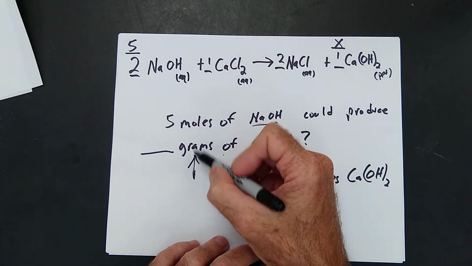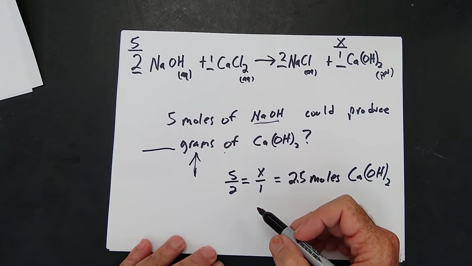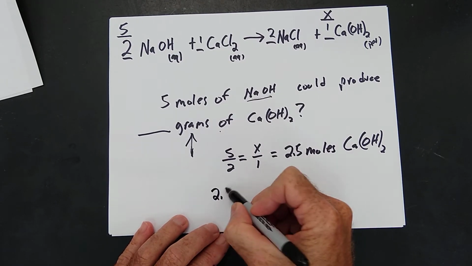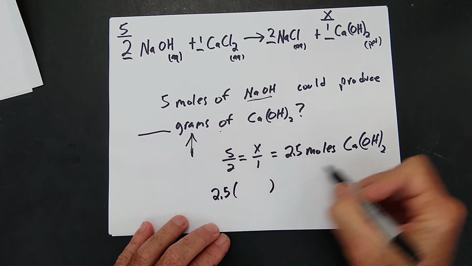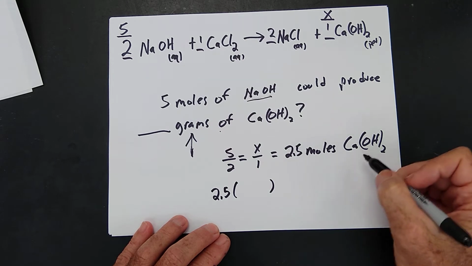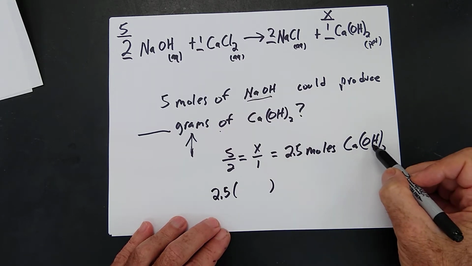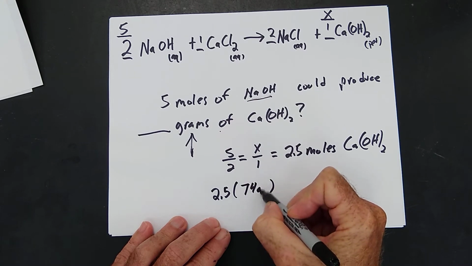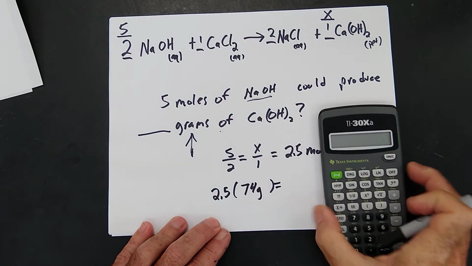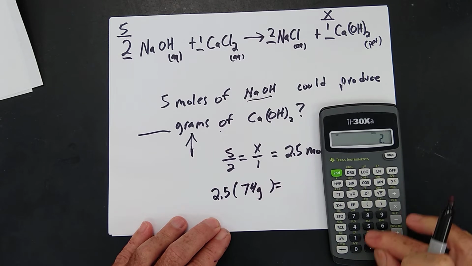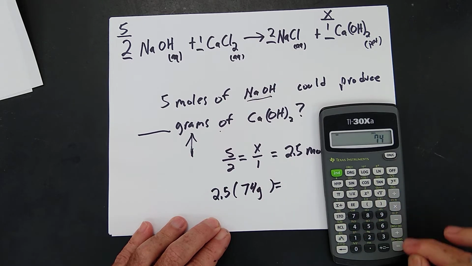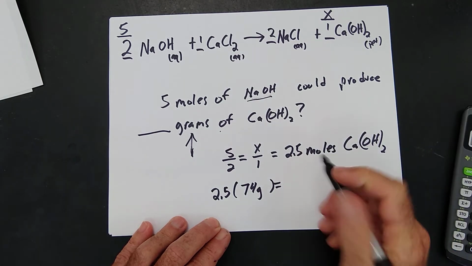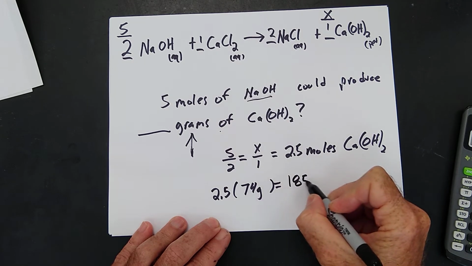So how many grams would that be? That's right. 2.5 times the weight of calcium hydroxide, Ca(OH)2. Let's see, OH, that's 17 times 2 is 34. That's about 74 grams there. So 2.5 times 74 equals 185 grams or thereabouts. We're rounding off a lot.